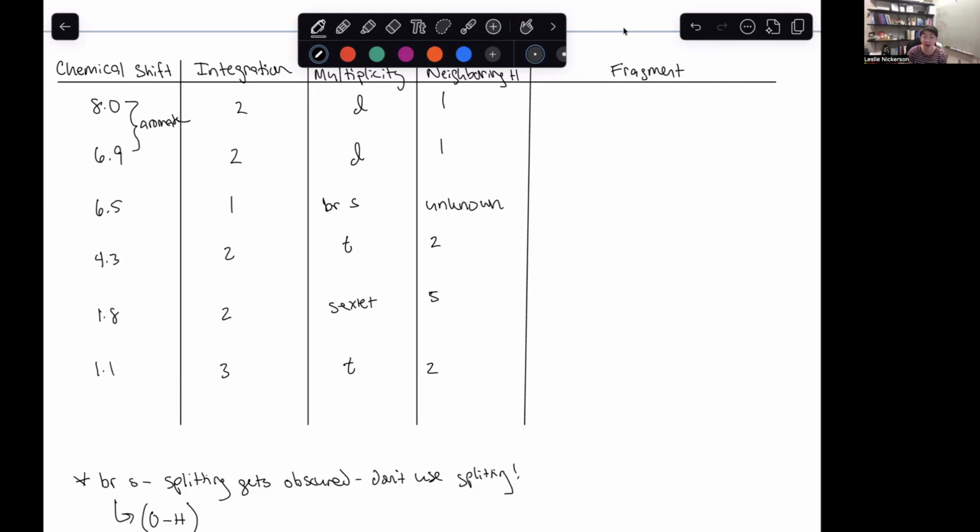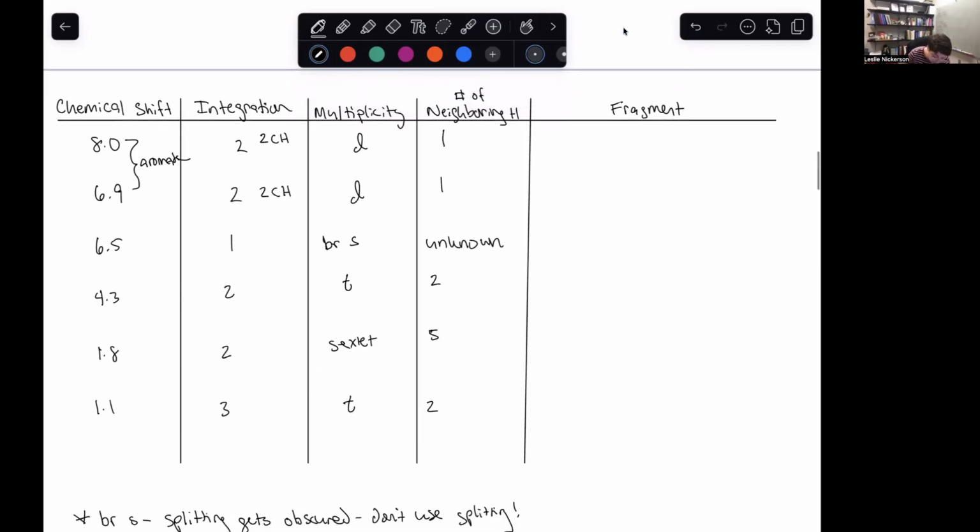And because they're aromatic, you're not going to be able to get a CH2 on a benzene ring without breaking some octets. So we're probably looking at 2 CH groups for both of these. And they have to be in identical environments to be giving us that integration of 2, to make sure that they are lining up and saying, yes, we are both the same and we equal 2 as our sum.